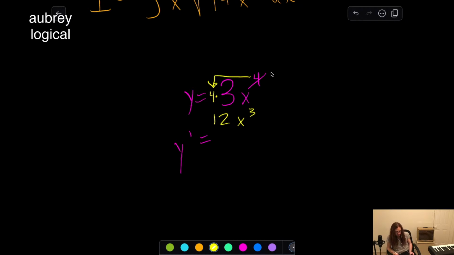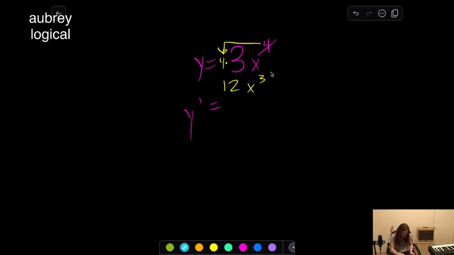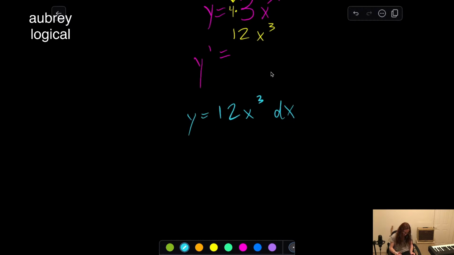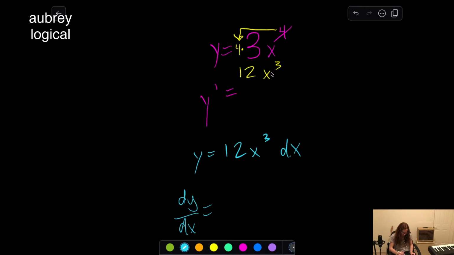So the antiderivative is just exactly the opposite. If you had a problem that said this, it would be equal to this original function right here, the first thing we started with, because it's exactly the opposite process.